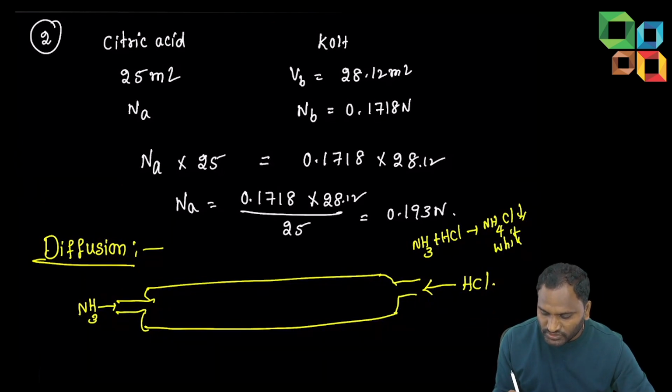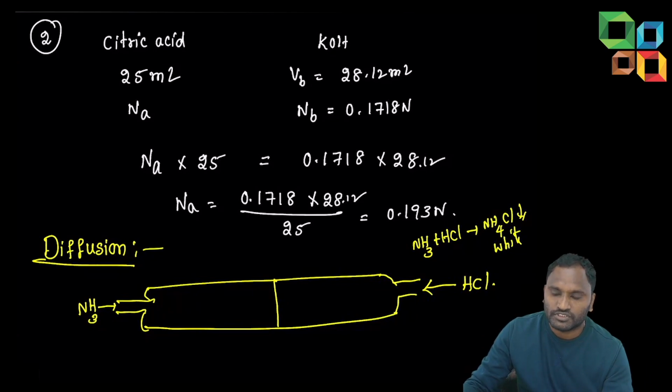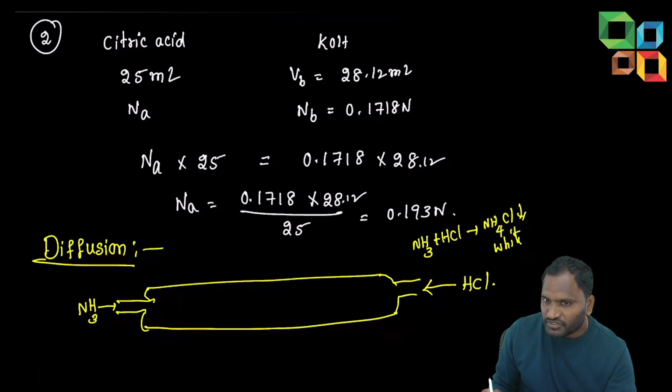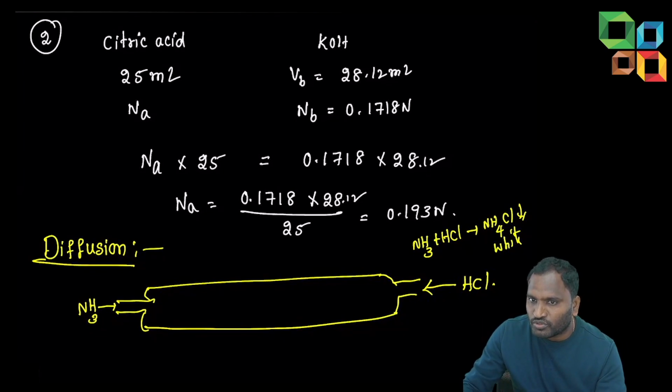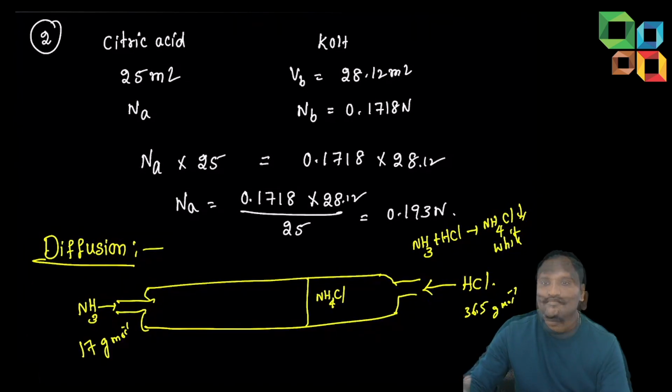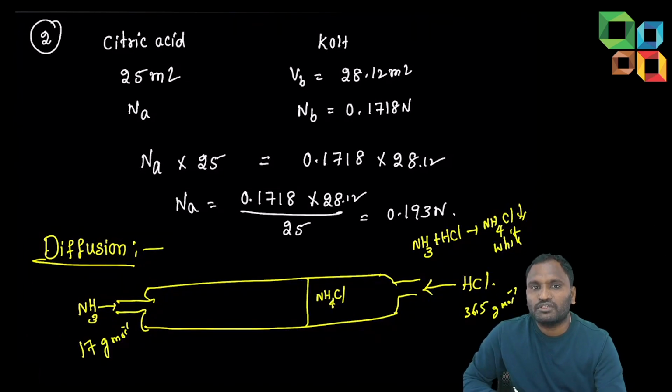Now this is exactly the center of the tube. When I allow ammonia gas from this end and HCl gas from this end, this ammonium chloride will be formed. Will that white precipitate form closer to HCl or closer to ammonia? Understood? This is one of the applications of diffusion.